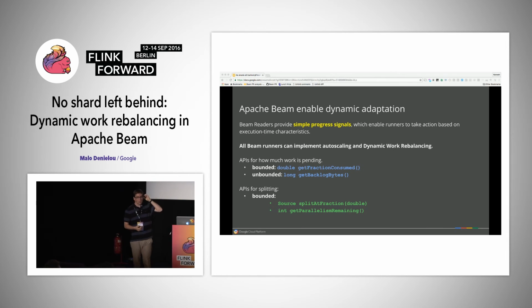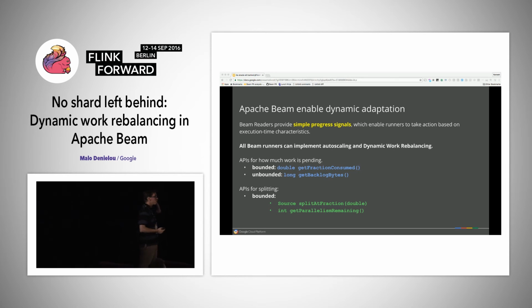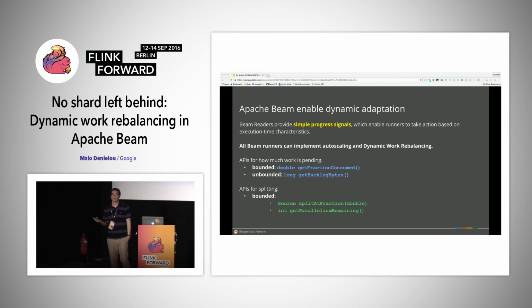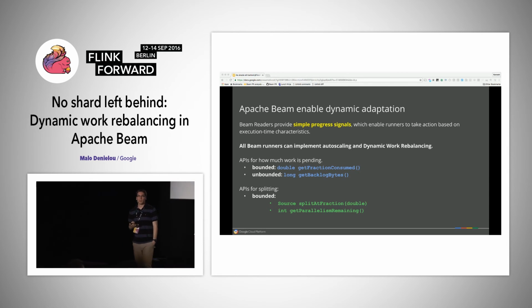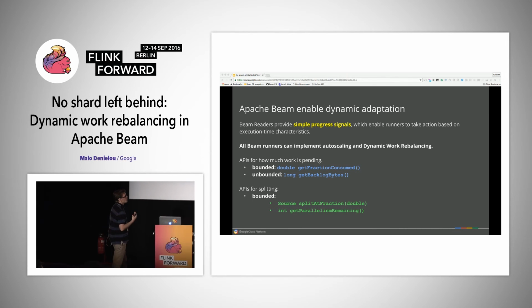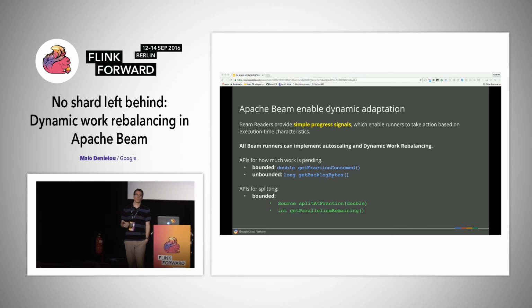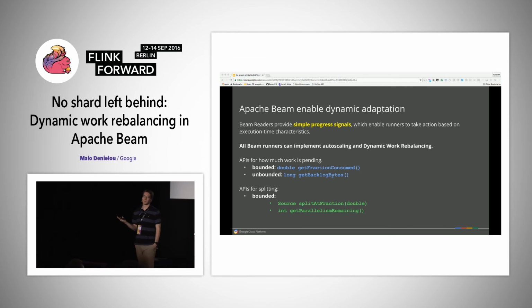And for splitting, to do the dynamic work rebalancing, it's also part of the source API. The main method is called splitAtFraction. So every source has the possibility to implement this method, and it empowers the runner to suggest a fraction at which to split.